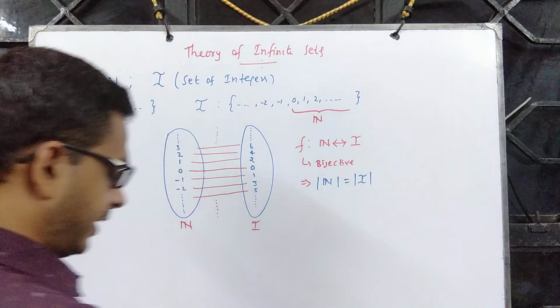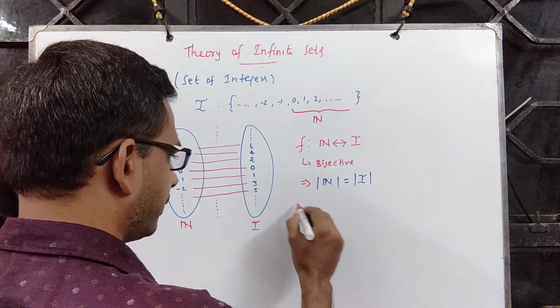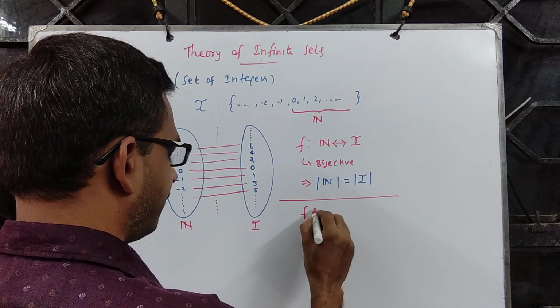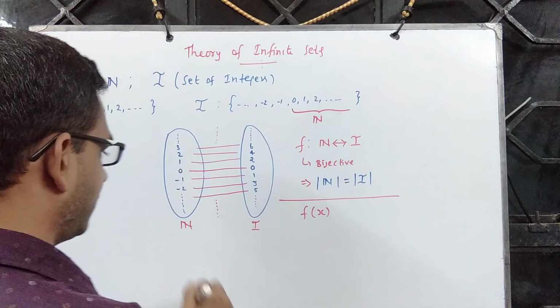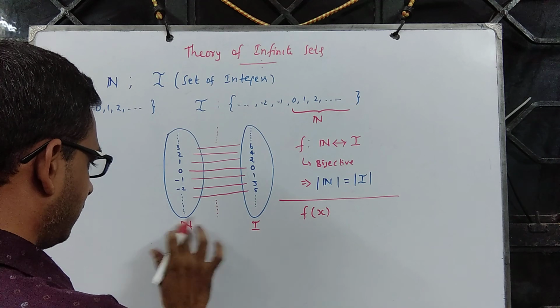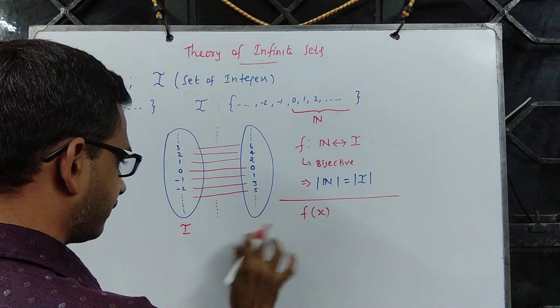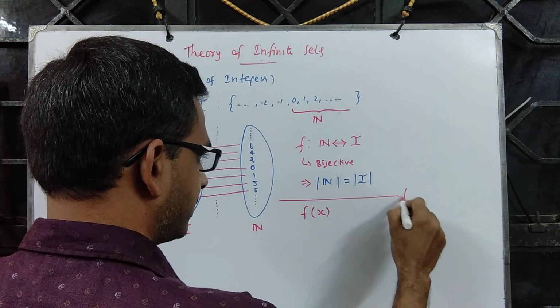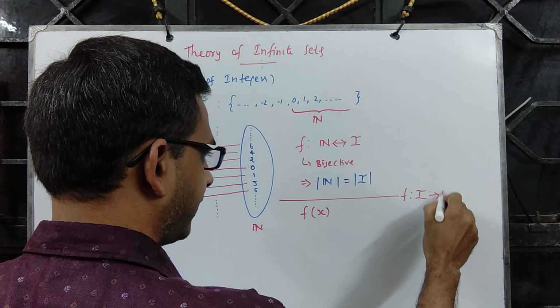So the other interesting part is this. One can also establish a formal map, say f of x, from I to n.